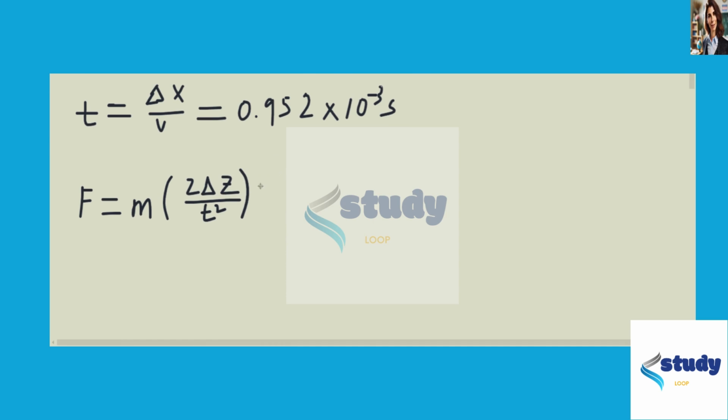And we know the mass, because this is silver, is 0.1079 per mole for silver. We divide this by, of course, the number of atoms per mole, so 6.02 times 10 to the 23 per mole.